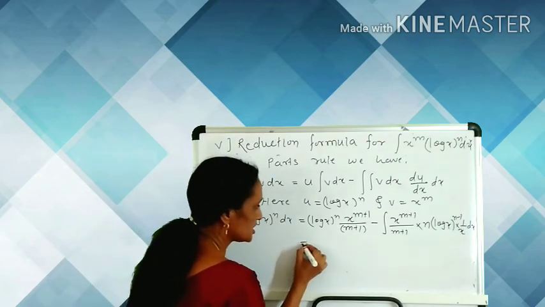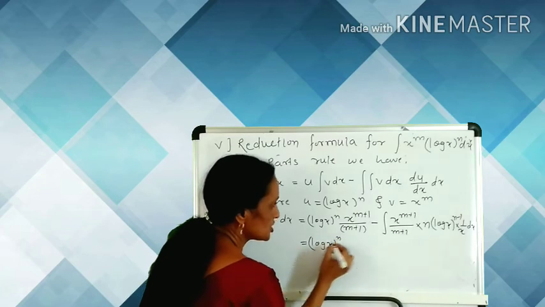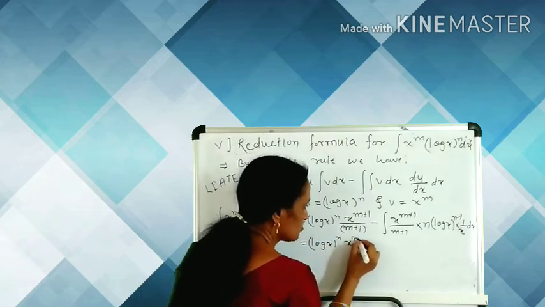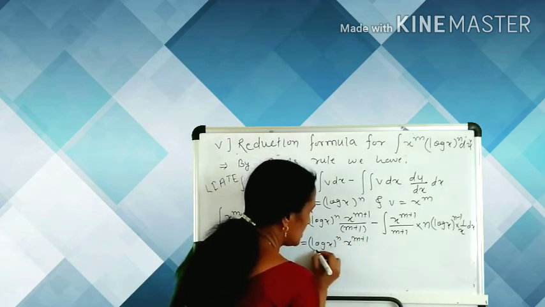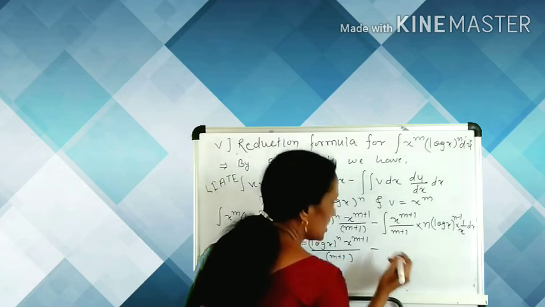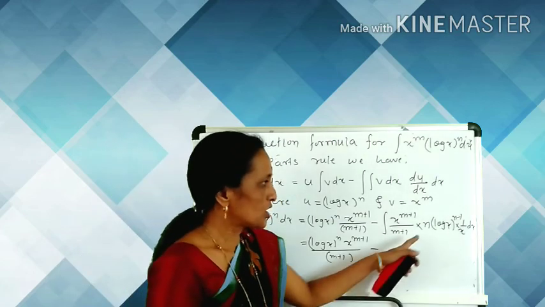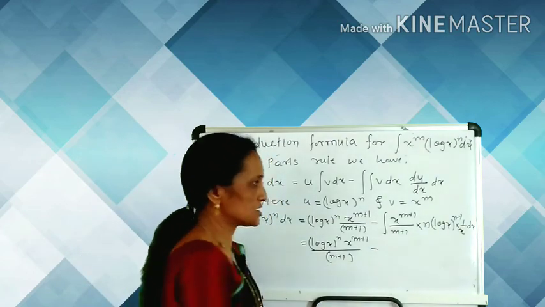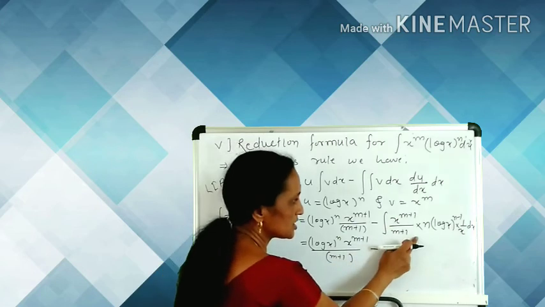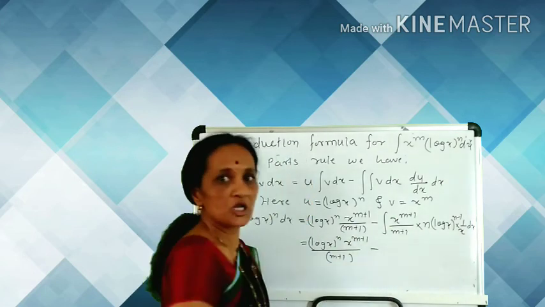Now we can write this as log x raised to n times x raised to the m plus 1 divided by m plus 1, minus, taking the constant outside the integration, n divided by m plus 1.